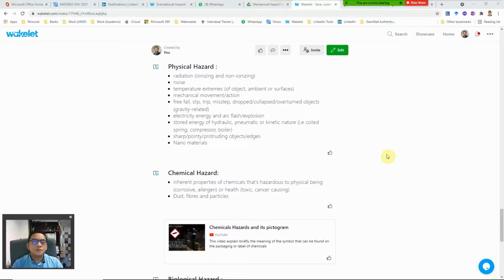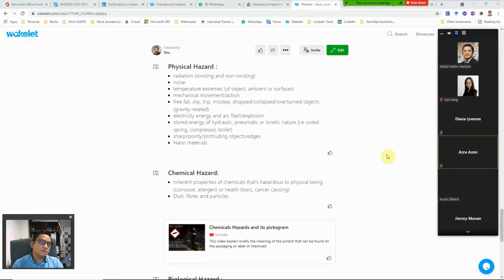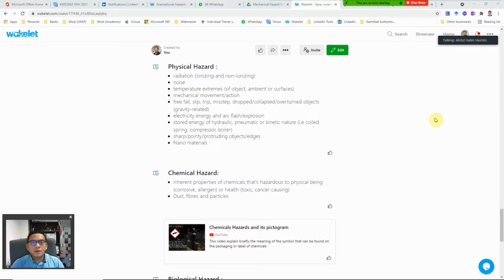certain surfaces, like your ironing, the iron, it can be very hot. Mechanical movement or action, machinery hazards, gravity related hazards, free fall, slip, trip, drop, collapse, overturn objects, electrical hazards that relate to shock or electrocution or arc flash or explosion.